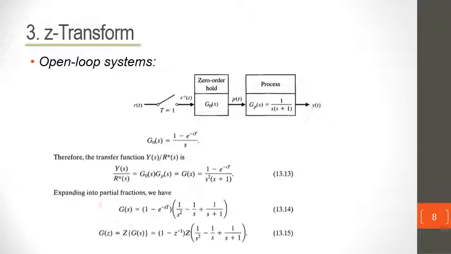Let me just give a picture here. For instance, here you would have R of t. You would have something like this, which is continuous, and then with R star of t, you would have something like this, which samples different instances.